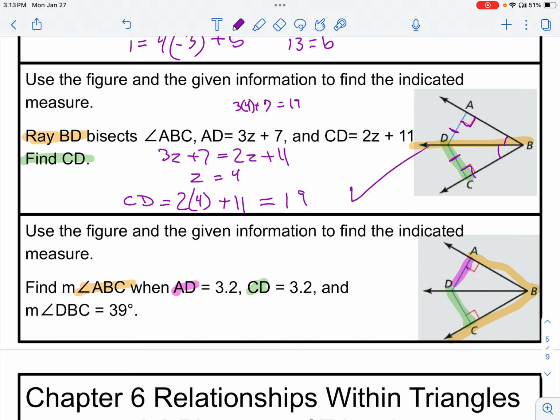So BD is the angle bisector of angle ABC. And since DBC is 39 degrees, ABD also has to be 39 degrees. So the measure of angle ABC is 78 degrees. And we are done.